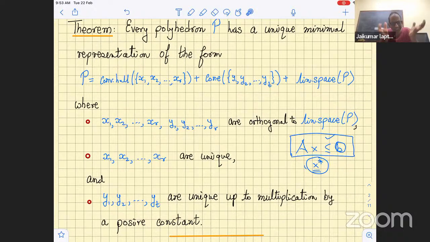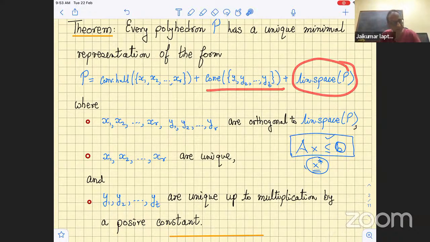So every polyhedron has a little bottom. I mean, of course, it might be top, it might be coming down, but there is this little part which has some faces, and it looks like a finite, nice polytope. And then it is extended to infinity, sometimes only in one direction, and sometimes in both directions. When it is extended to infinity in both directions, that part comes from the linear space.